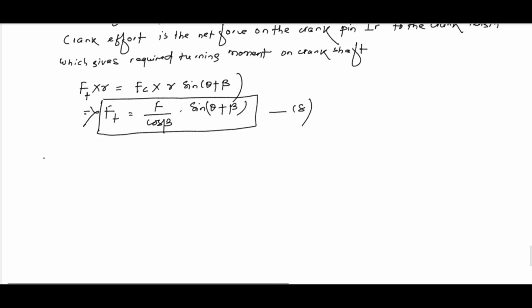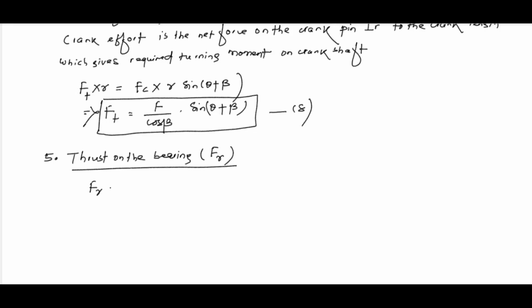Now the fifth one is the thrust on the bearing, denoted by the symbol F subscript R. This Fr is basically Fc cos theta plus beta, or you can say Fr is equal to F by cos beta into cos theta plus beta.